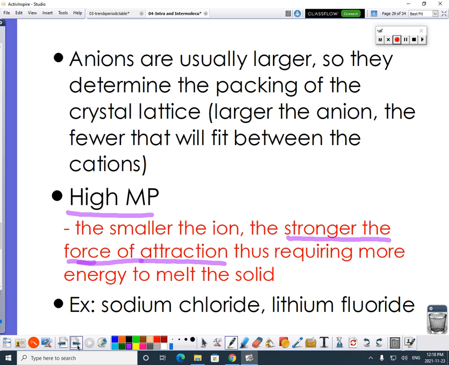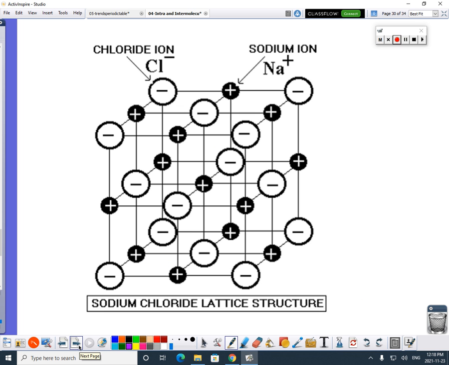For good reason, really. So this is just an example of the crystal lattice, the repeating pattern. Again, it's trying to show that the anions are bigger. Actually, I just did that in my grade 11 class today when we did trends. Because anions gain electrons, they get bigger, and because cations lose electrons, they get smaller.